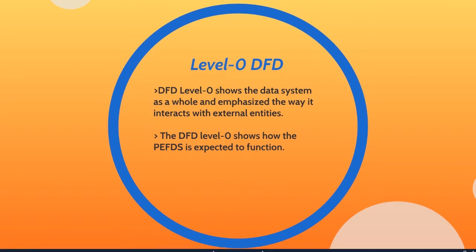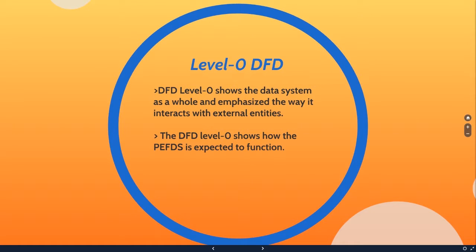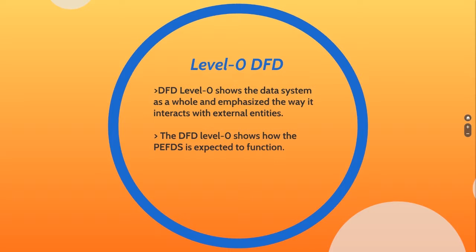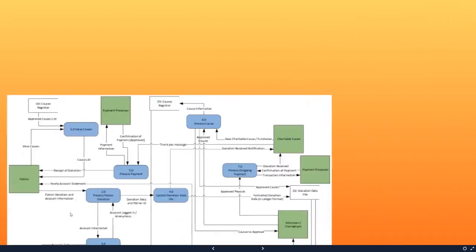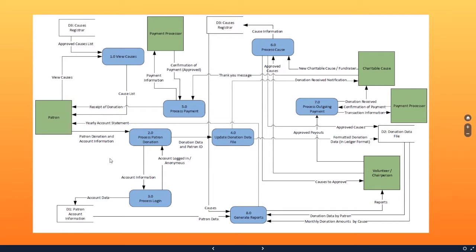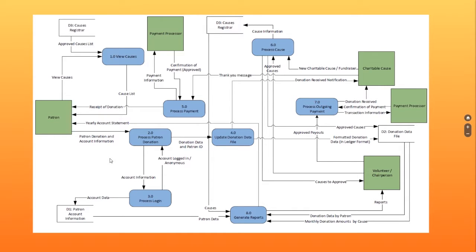So the next step in our analysis is the level 0 DFD that shows data in the system with the expected processes. So as we can see here, the level 0 DFD shows 5 entities, 8 processes, and 3 stores. So a typical flow of information would look something like this.